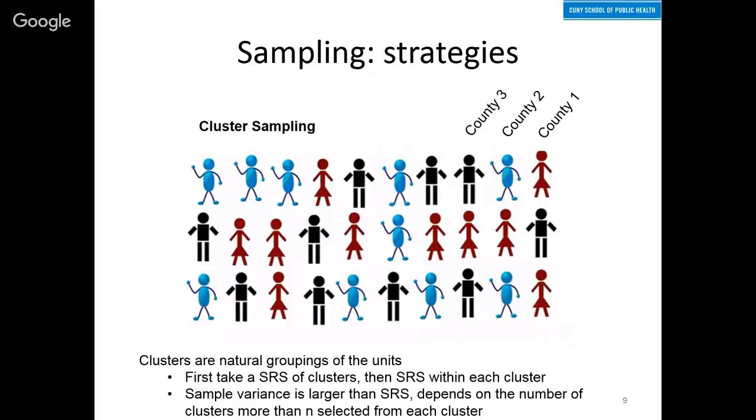So rather than giving every student across the city an equal probability of being sampled, you're doing this in two steps, where you only select certain schools and then sample students within those schools.